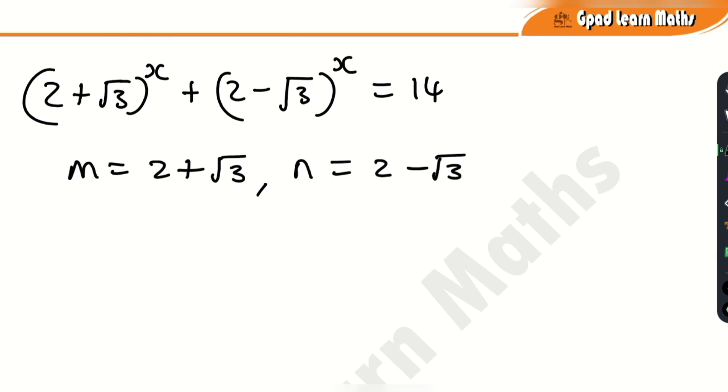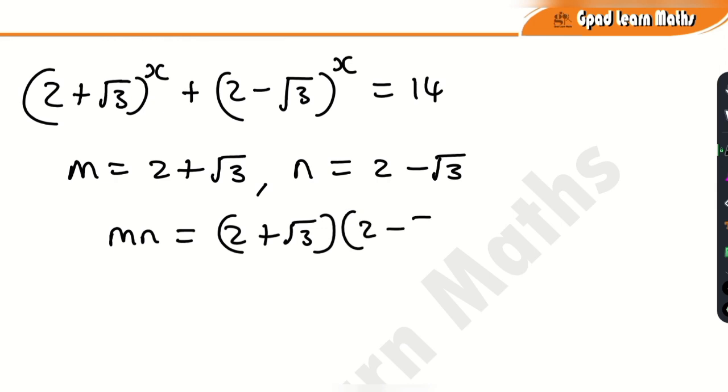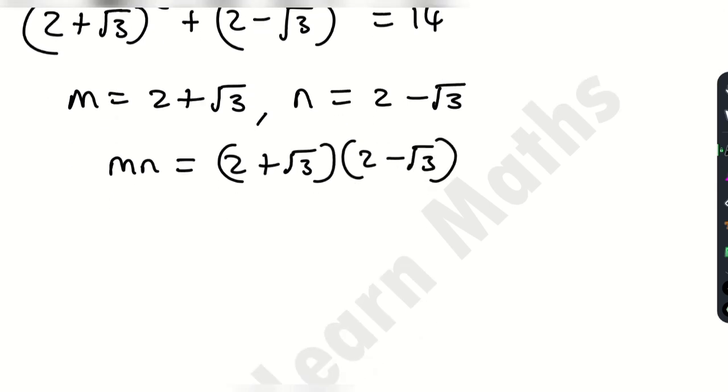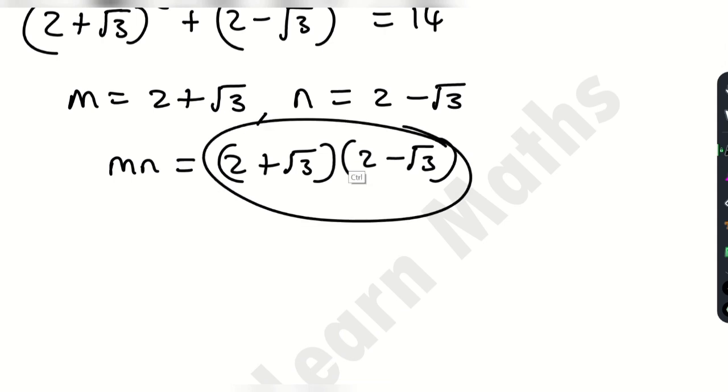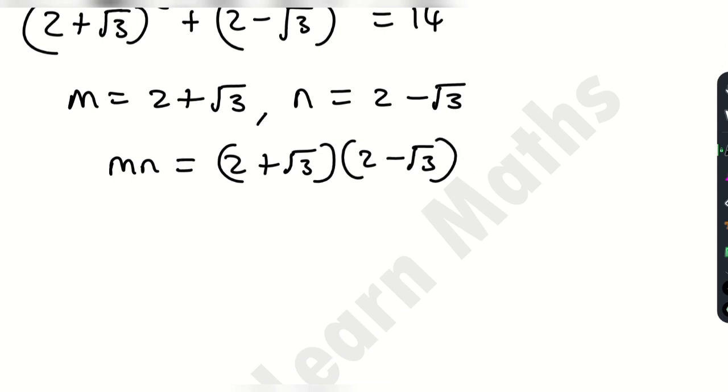So the next thing I will do is to multiply m and n so that I will have something like difference of two squares. So mn will be equal to (2 plus root 3)(2 minus root 3). So like I told you about difference of two squares, to resolve this, you are going to have to put it like this: 2 squared minus root 3 squared, all from difference of two squares.